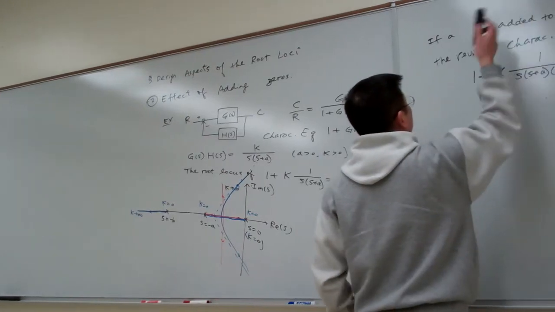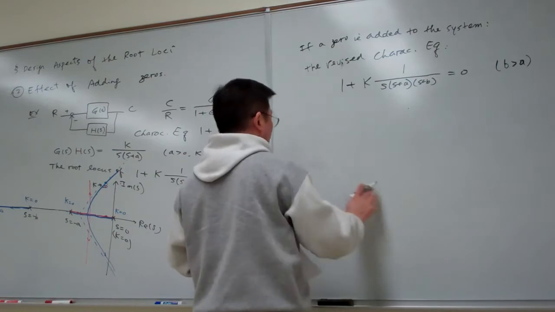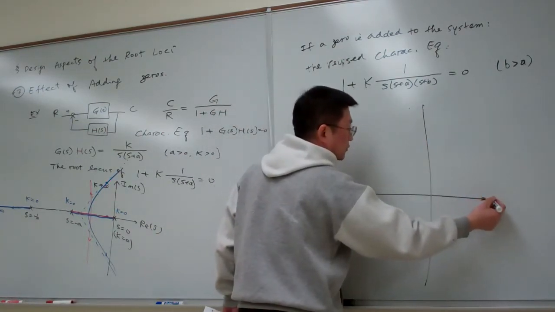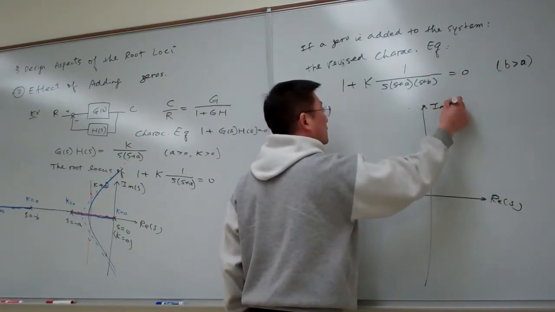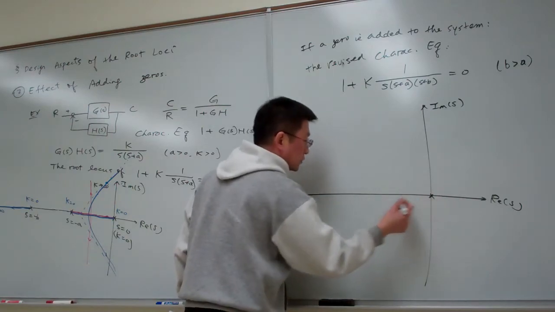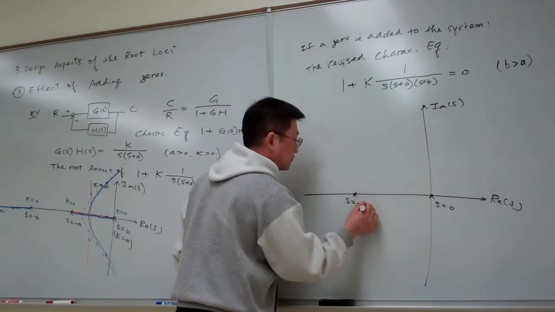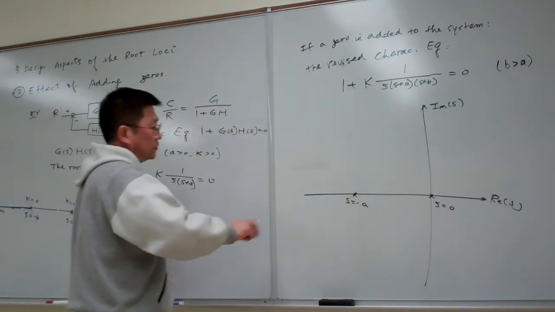If a 0 is added, let me draw the real part and the imaginary part here. And let me draw the original. Original I use the red one, so this is the original.